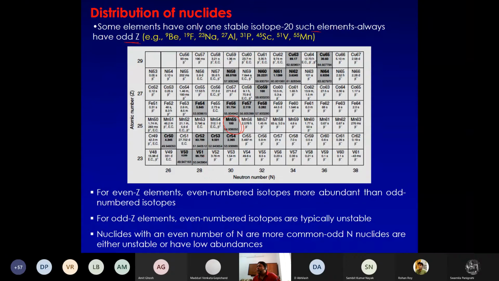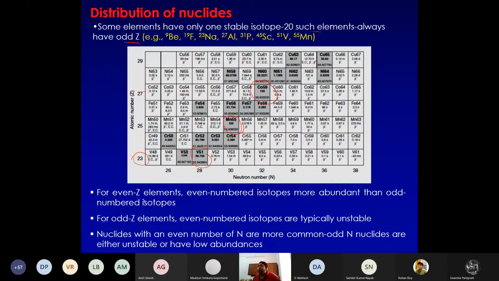Another stable one, vanadium 51, is almost 100% of vanadium, and again it has an odd atomic number. Cobalt also has a single isotope, cobalt 59, again with an odd atomic number. So all those elements which have just one stable isotope always have an odd atomic number.